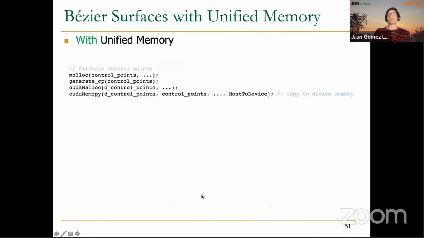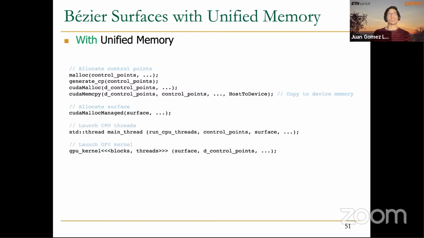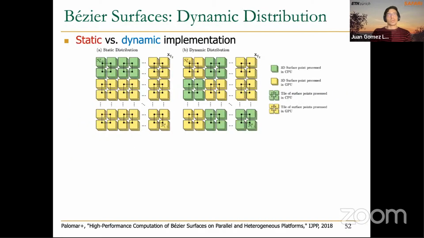But with unified memory, as you already know, this will be easier to program because we will need fewer lines of code and save the data transfers. But we can go one step further. Here the computation is pretty regular, pretty stable in this specific benchmark, in this Bezier surface.